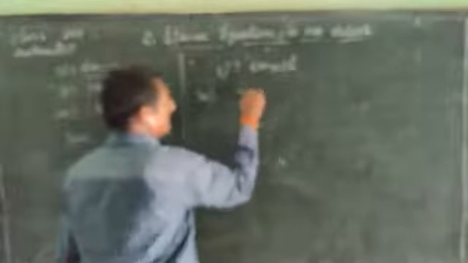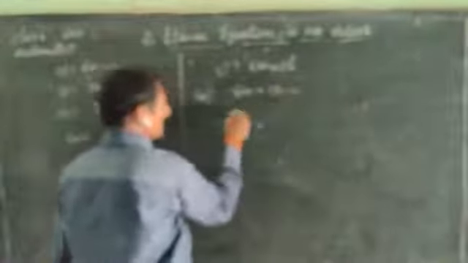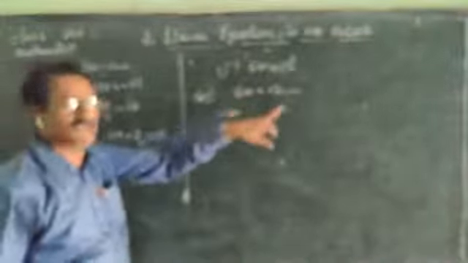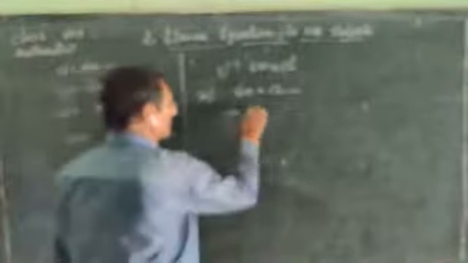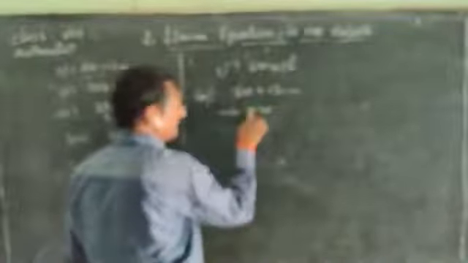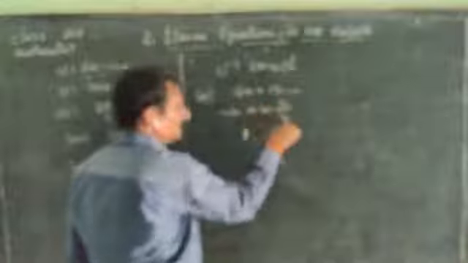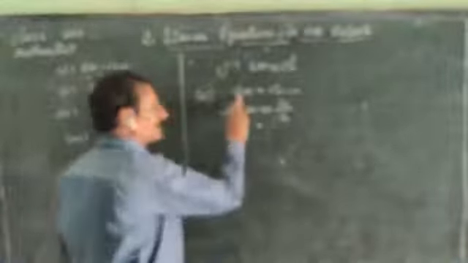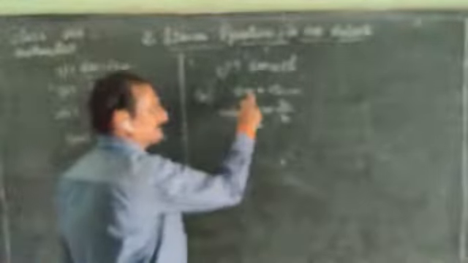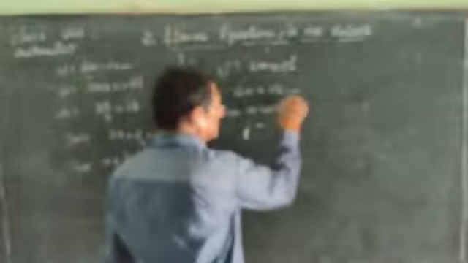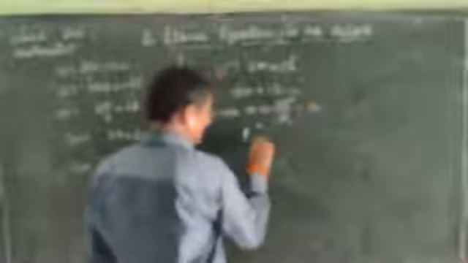See the solution. 6m equal to 12 is the given sum. In the first step, send this 6 to that side; the multiplication becomes division. Then only m remains, equal to 12 by 6. Why do we call it a multiplying quantity? Because it is 6 into m. Now 6 2s are 12, so m equal to 2.